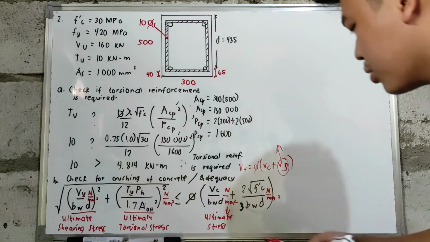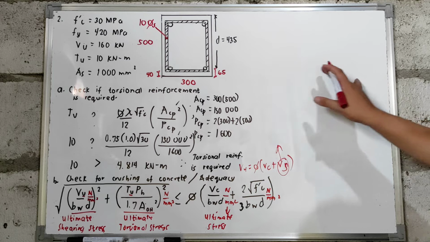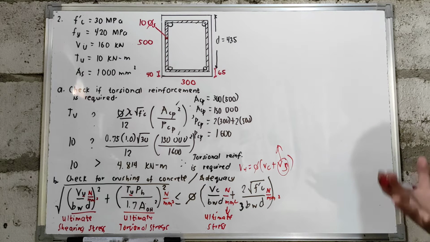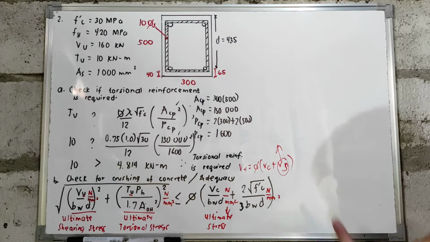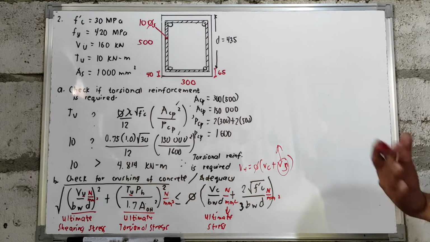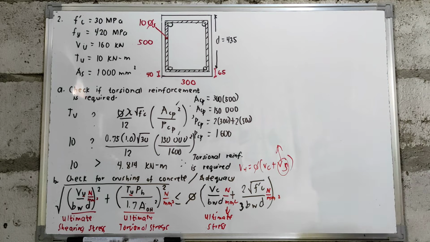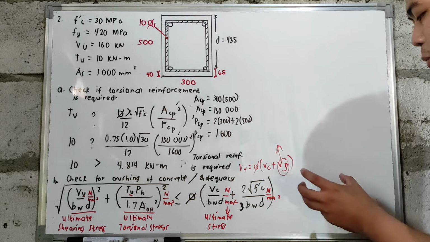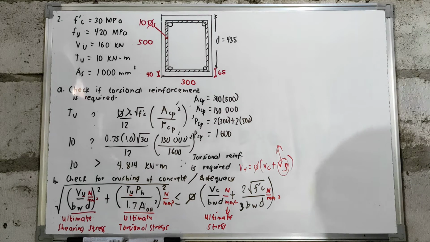Wherein, yung 2/3 natin, that is equivalent to 0.66. So, matatandaan natin yung Vs kapag nag-greater than siya dun sa maximum value, which is 0.66 square root of f prime c bwd, i-adapt na lang natin yung spacing ng shear reinforcement, yung s max natin. So yung 0.66 na yon, kung ipa-fraction natin, that is 2/3.